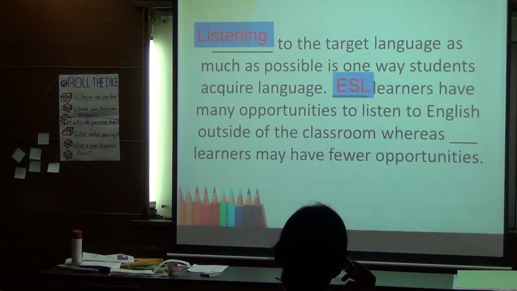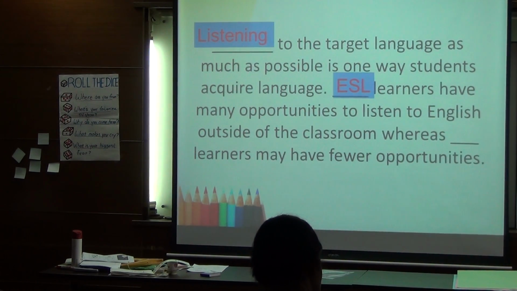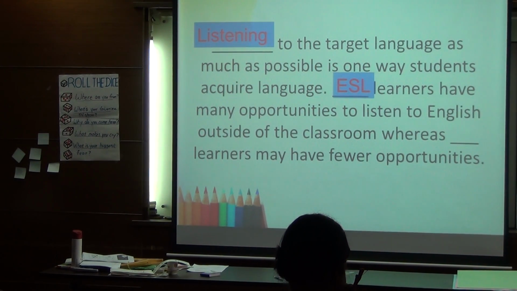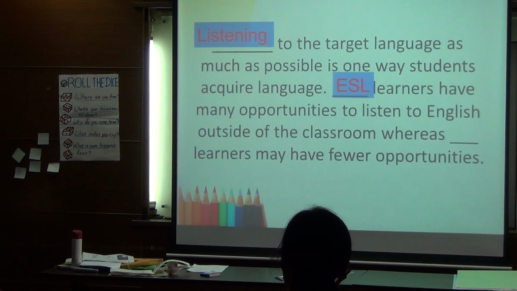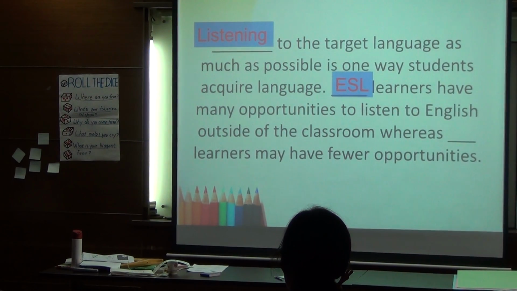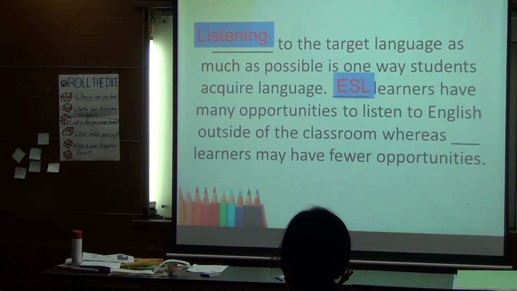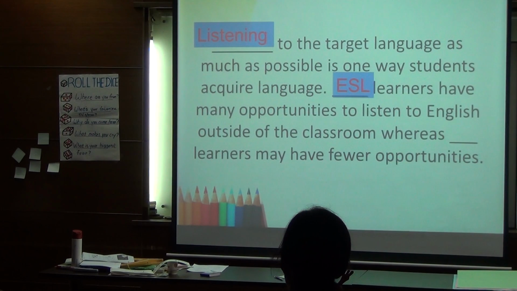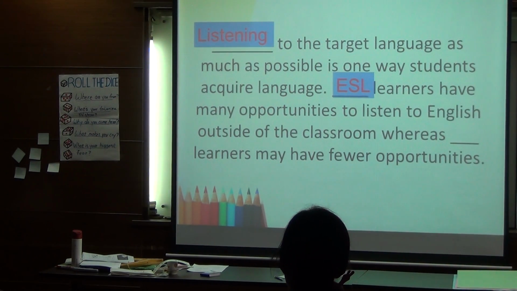Okay, so the second would be ESL, English as a second language learners, have many opportunities to listen to English outside of the classroom, because the whole environment will conduct their communication in English. In order to survive, you have to speak English, and you've got a lot of exposure in listening as well.